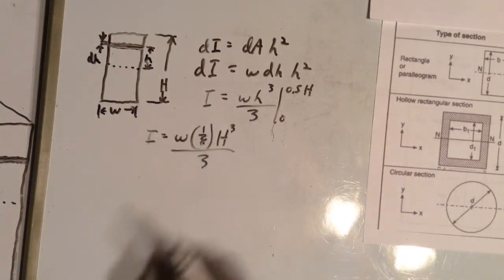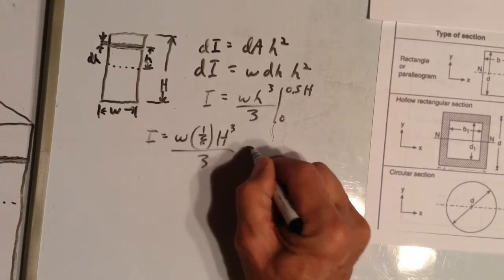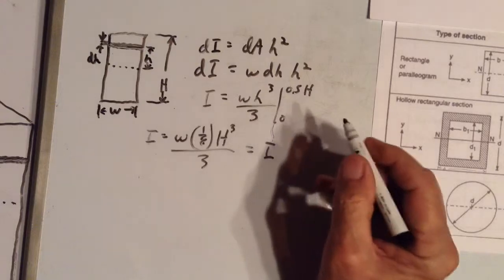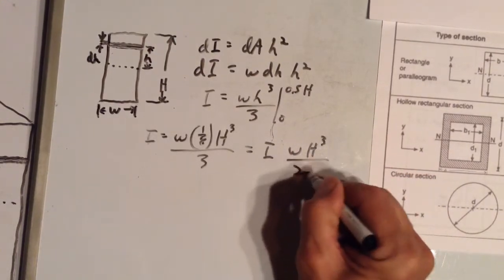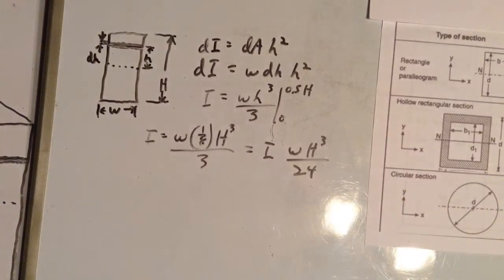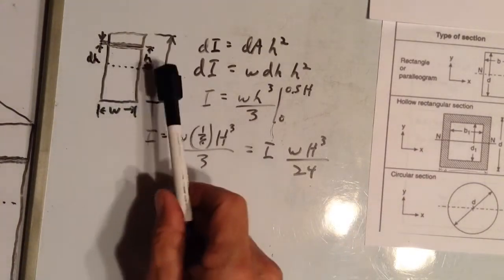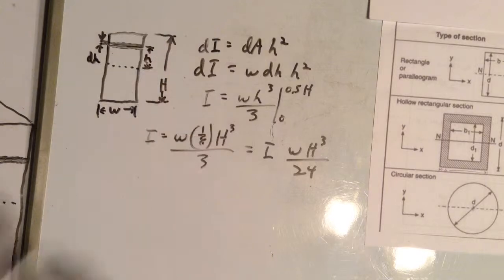Well, 1/8 divided by 3 is 1/24. So I equals W H cubed over 24. But remember, all we figured was the moment of inertia for the top half of this board. The bottom half contributes just as much.